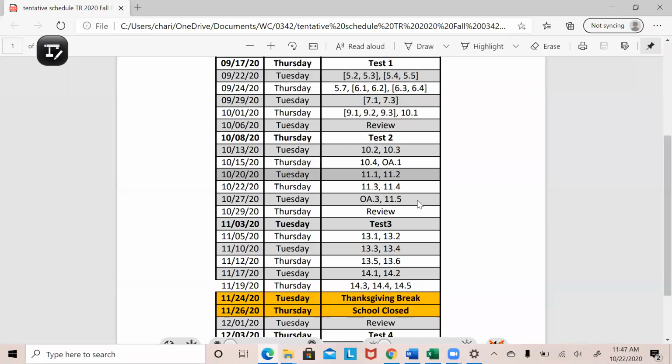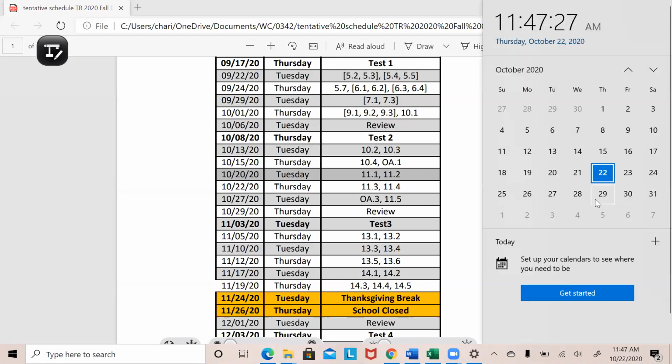There you go. So the test will be the 29th for the Thursday people, and it'll be the 3rd for the Tuesday people. So that's a week from today for the Thursday people.